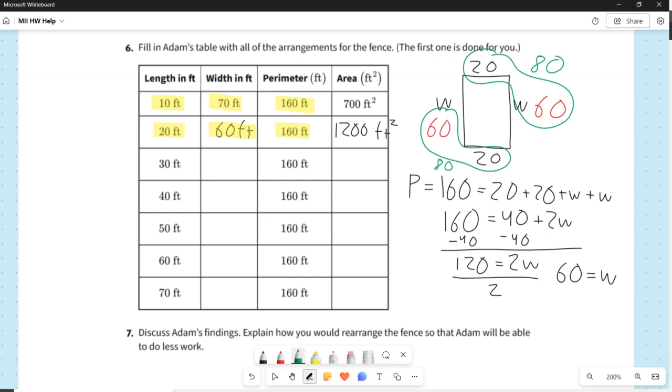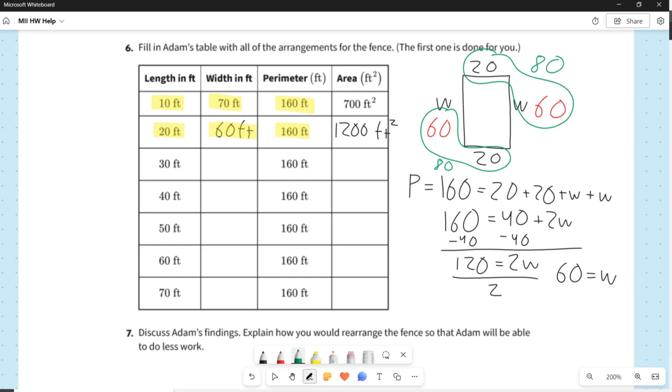The same thing was true with the first example. The length was 10, the width was 70. If you take one length and one width, you get 80. If you take the other length and the other width, you will again get 80, which will add to 160.